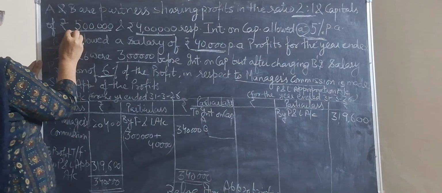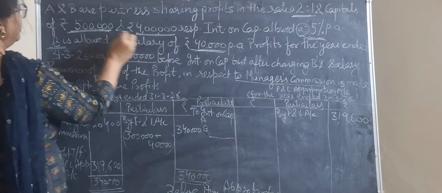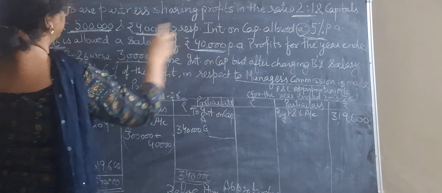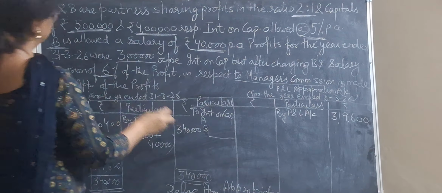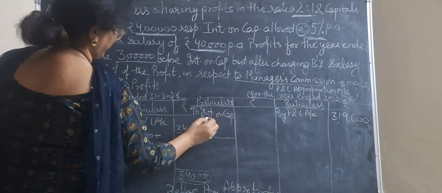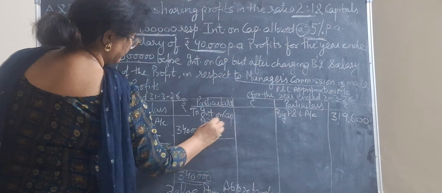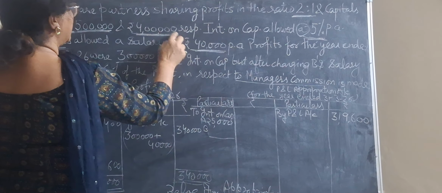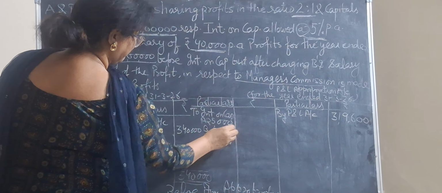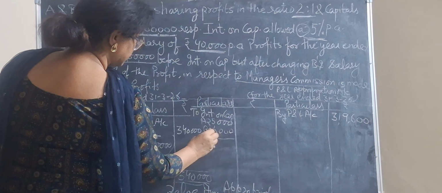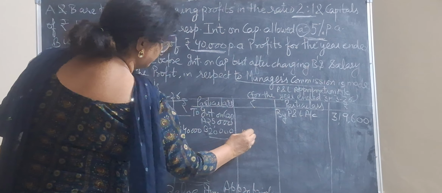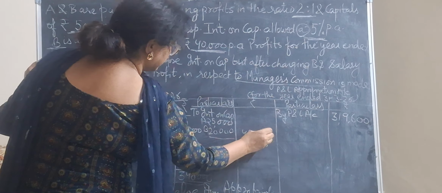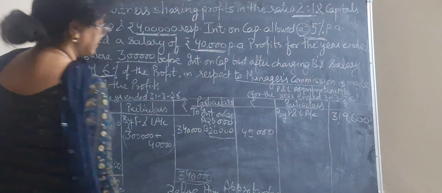What are the capitals? 5 lakh and 4 lakh. 5% of 5 lakh will be 25,000 and 5% of 4 lakh will be 20,000. So the total interest on capital is 45,000.